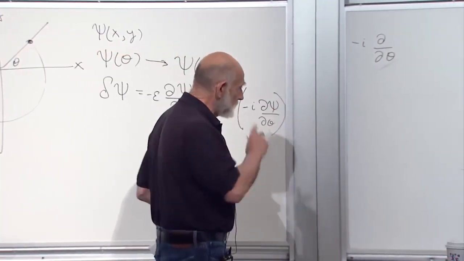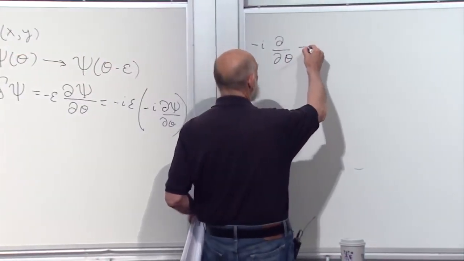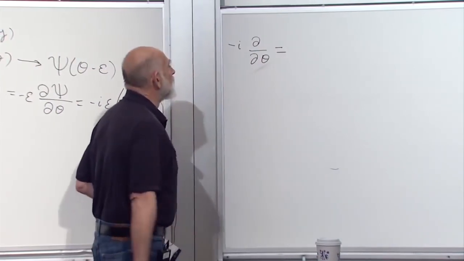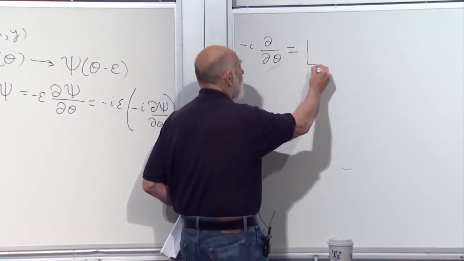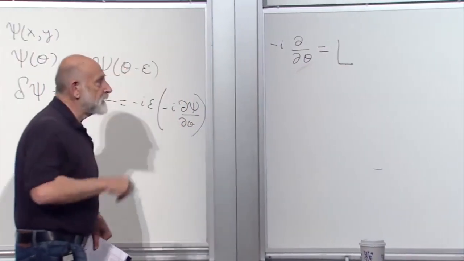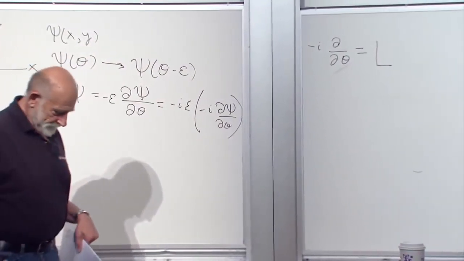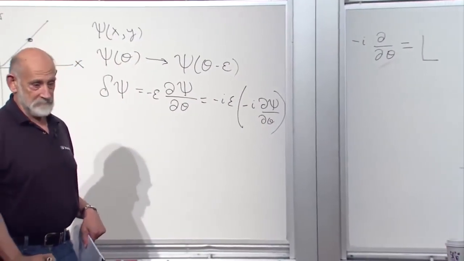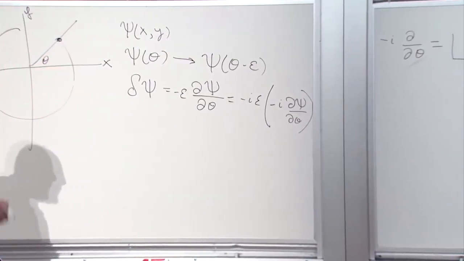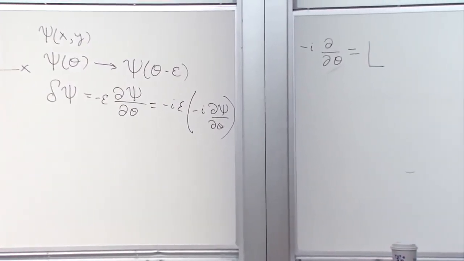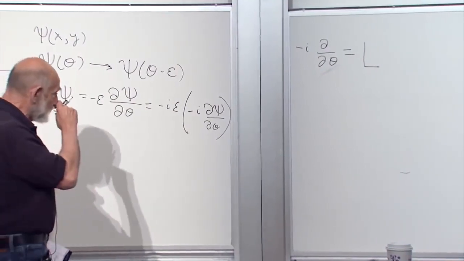That's called the angular momentum. It's usually denoted L. Why L? Don't know why L. Why P for momentum? Don't know why P for momentum. But L is the angular momentum.